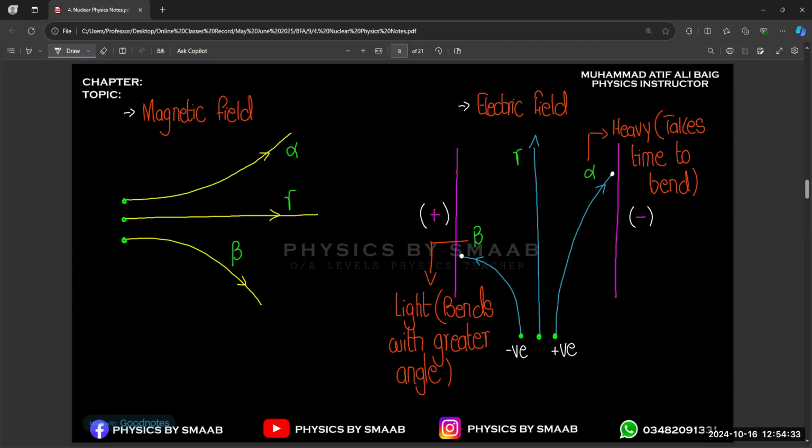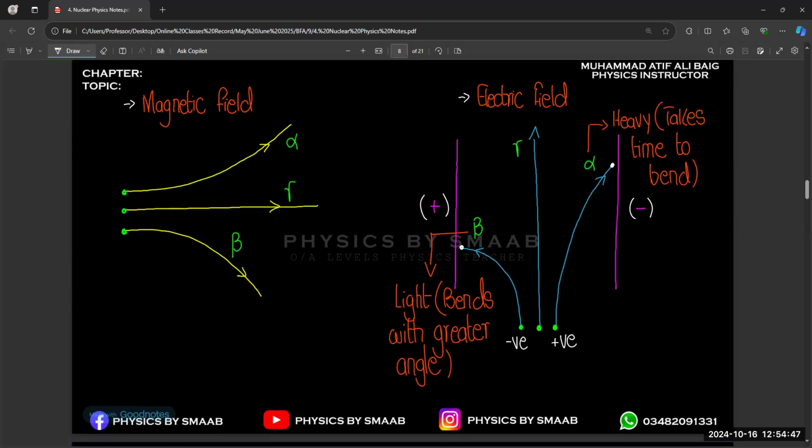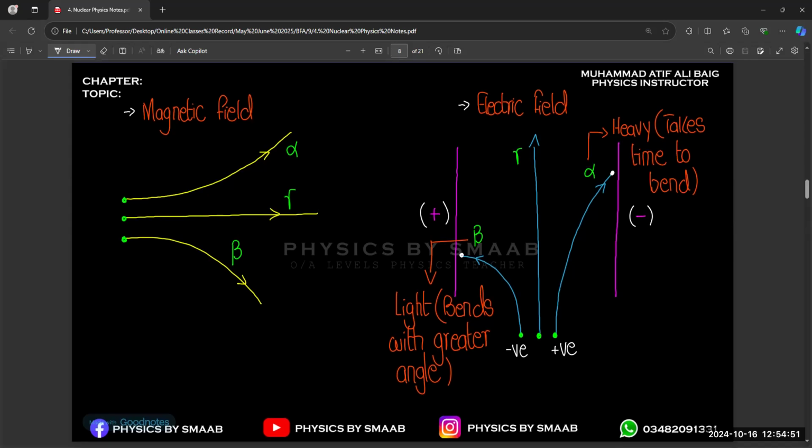When we talk about the electricity chapter, I will explain why positive and negative deflect like this. They will not ask in detail in the nuclear physics chapter, they will ask in detail in the electricity chapter, because this is part of electromagnetism.